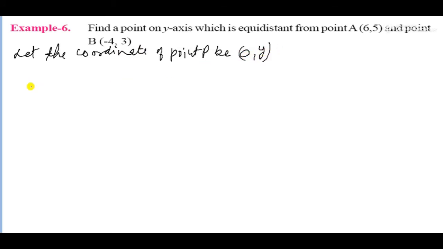Now question number 6. Let us see. Find a point on the y-axis which is equidistant from A(6, 5) and point B(-4, 3).